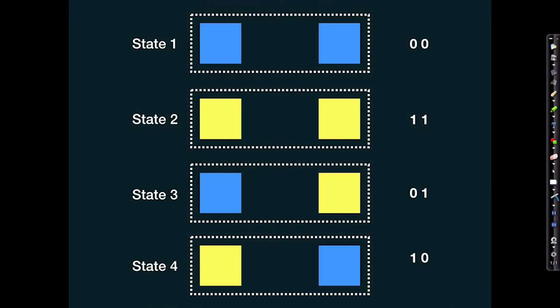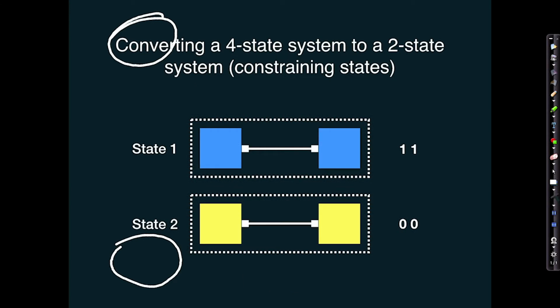We saw back in Unit 2, and I'm showing an old image here, this four-state system that has state 1 all the way through to state 4, and this generates a certain amount of information when it selects one of those states. You can constrain the number of states by connecting these individual units, thus not allowing certain states.